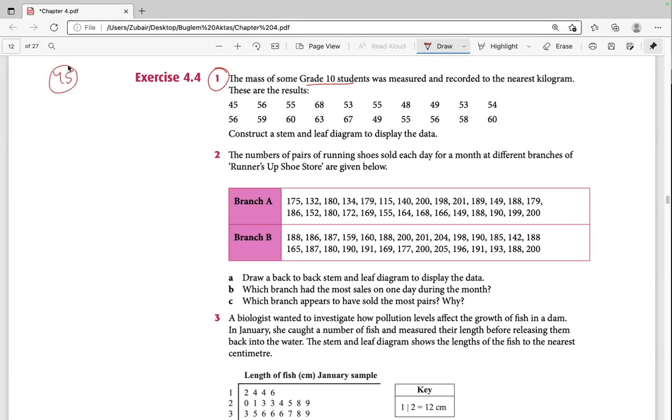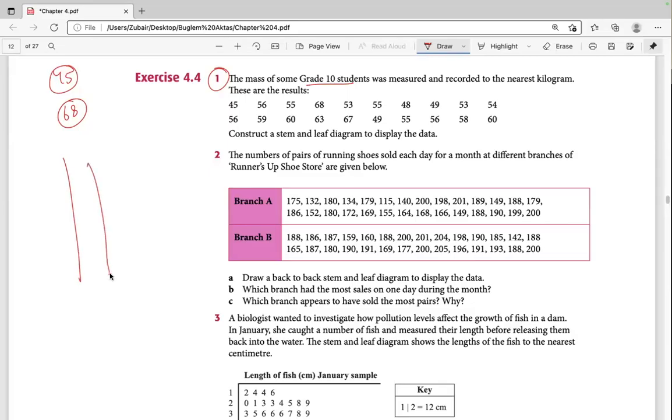So we are not writing it. This is in our mind. 45 is the least mass. And what is the greatest mass? 68. Now, we know that the least value is 45, the greatest value is 68.